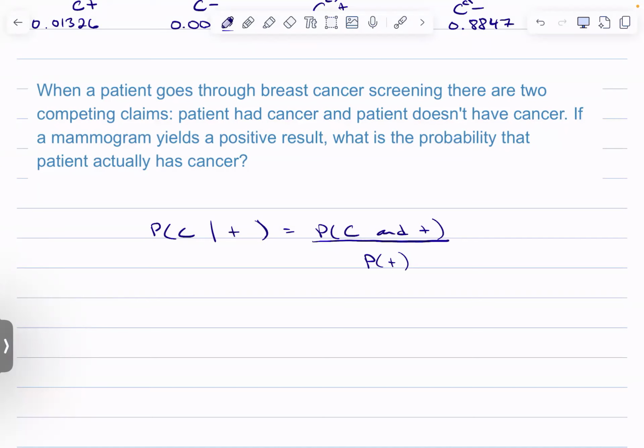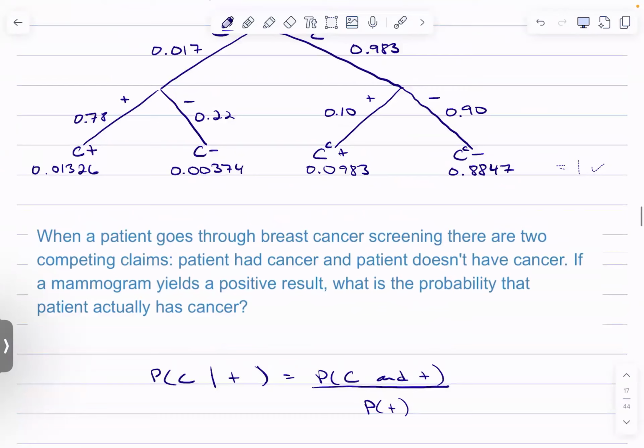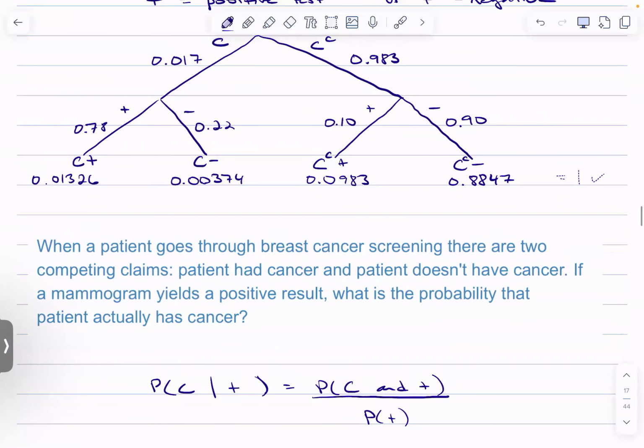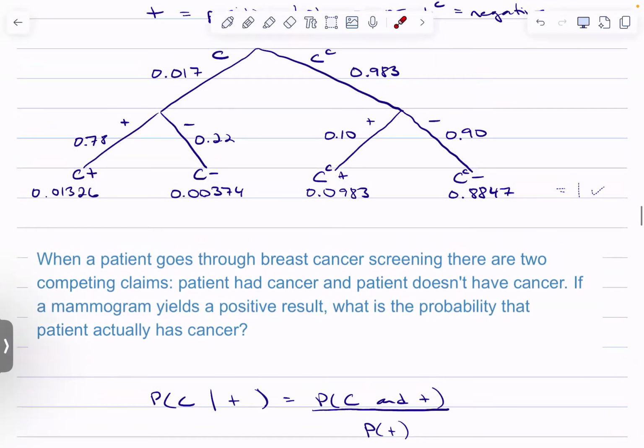Okay. This is where it usually gets a little bit sneaky, but it'll always behave the same way. If you think about the probability of cancer and testing positive, if you map down your branches here, you have to have cancer and you have to test positive, then you know that probability is 0.01326 because you already found it.